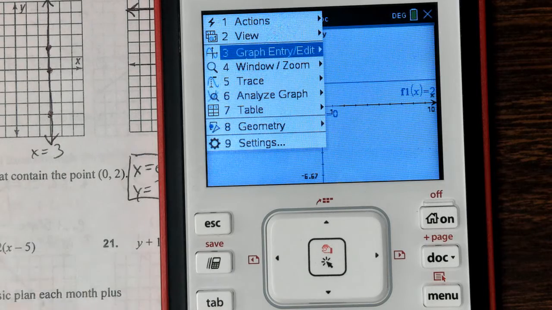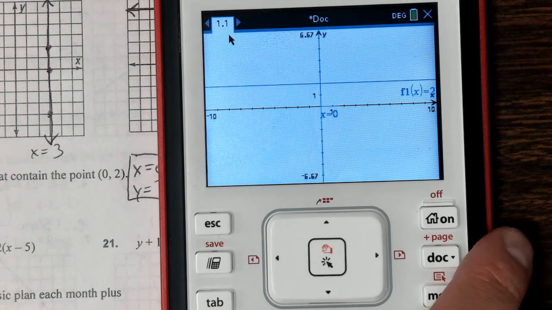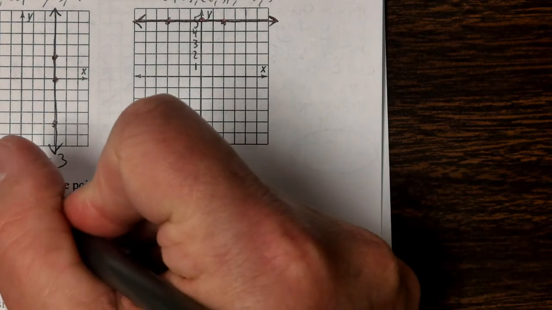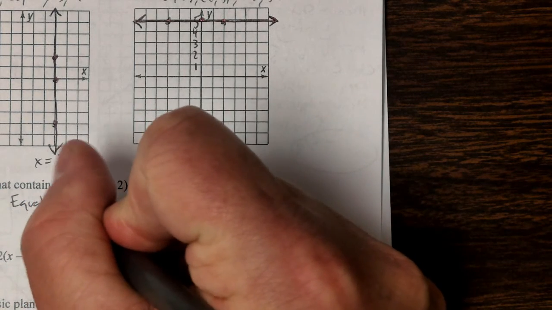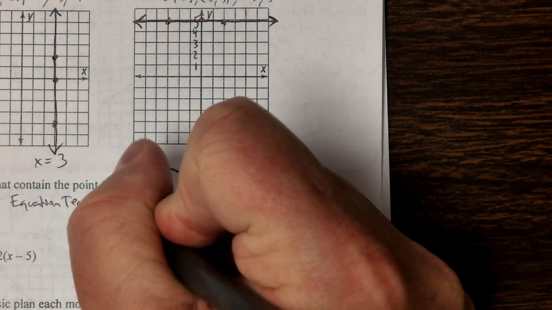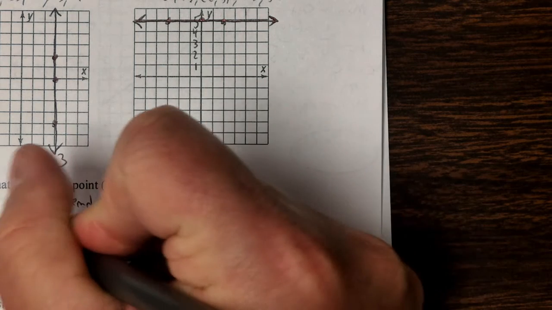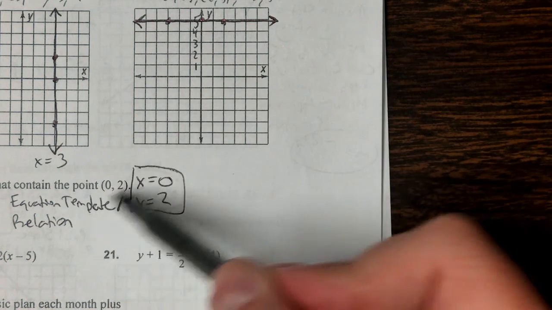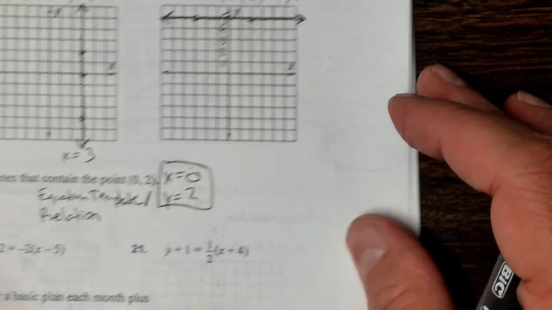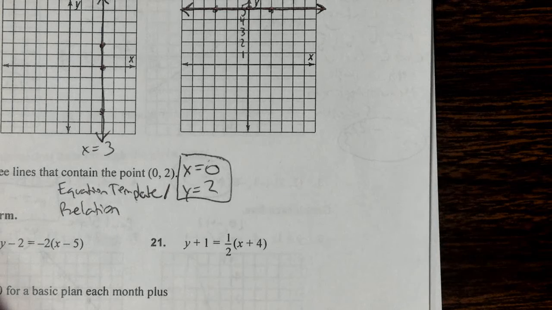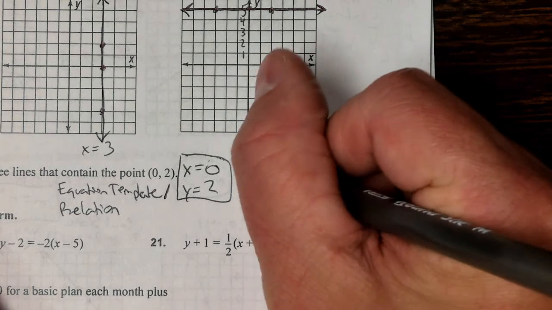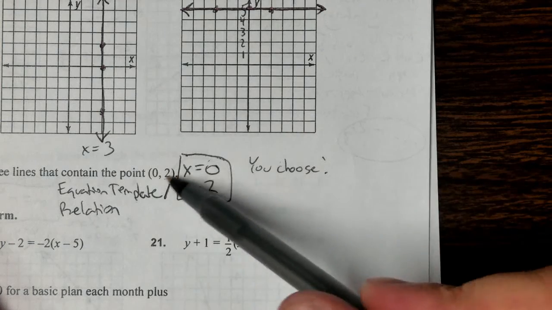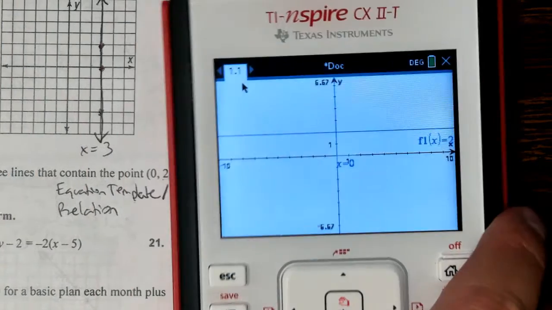Okay, so we have now done 2 of them, and so I showed you from the equation template and also the relation. So those are both good ways to graph x equals 0. The other one, you can choose whatever other one you want that goes through 0, 2.